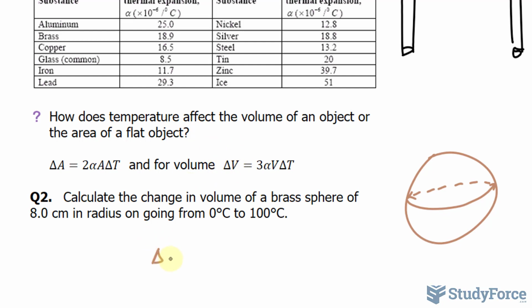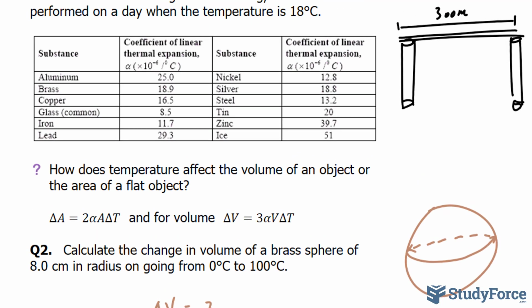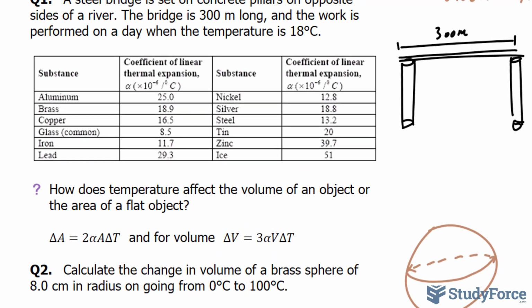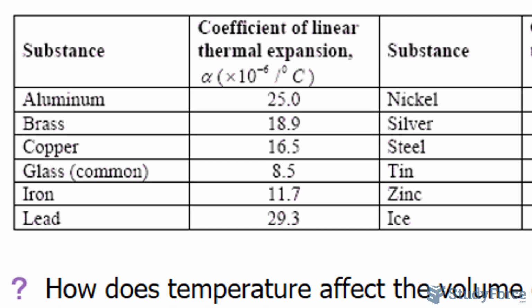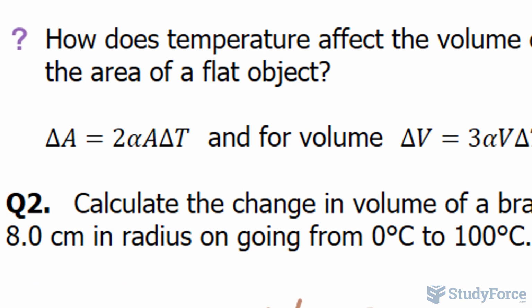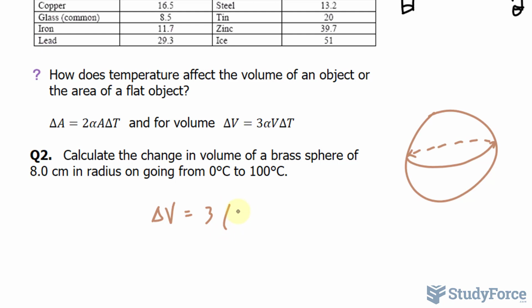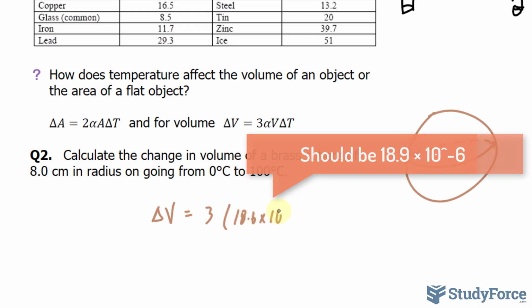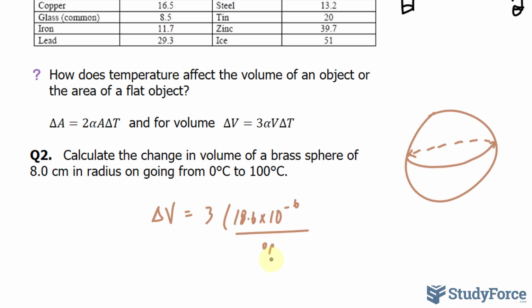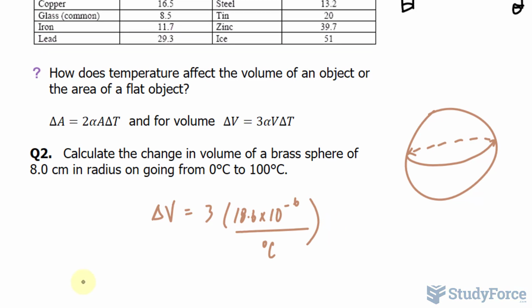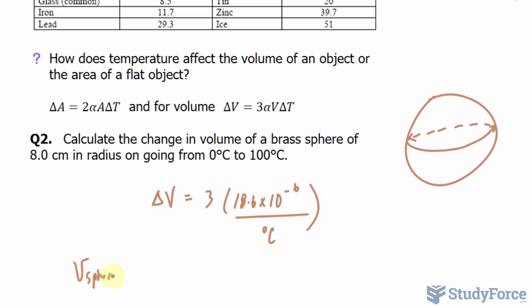We have delta V is equal to 3 times, and the coefficient of linear thermal expansion for brass is 18.6. So 18.6 times 10 to the power of negative 6 per degrees Celsius times the original volume. Remember, to find the volume of a sphere, this is something that you should know, it is 4 over 3 pi r cubed.